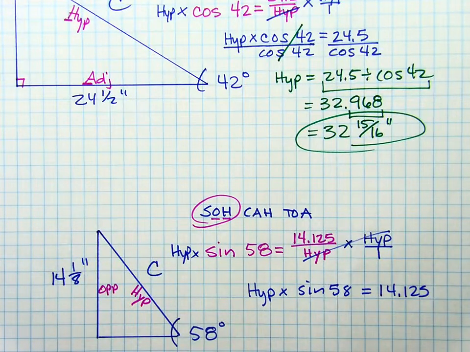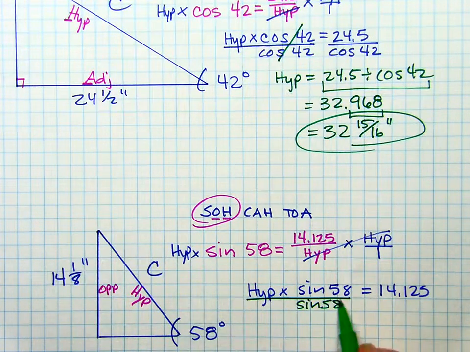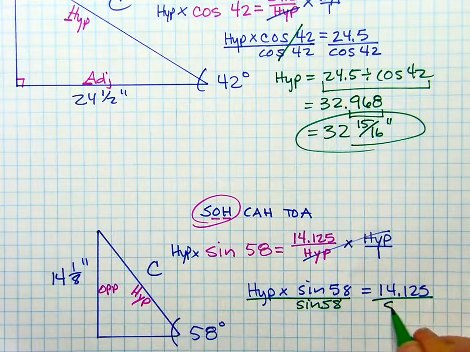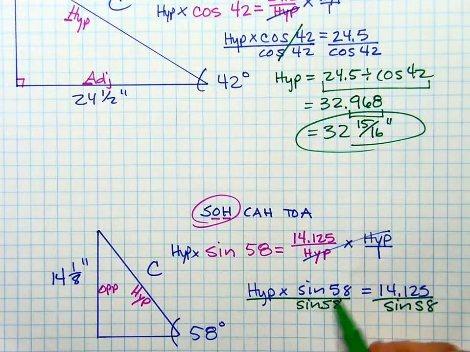14.125. Now again, this is associated with this function, so we want this by itself. So we'll go ahead and divide by the part we want to get rid of, which is the sine 58, and we have to do the same to the other side, so we keep the balance of the equation.